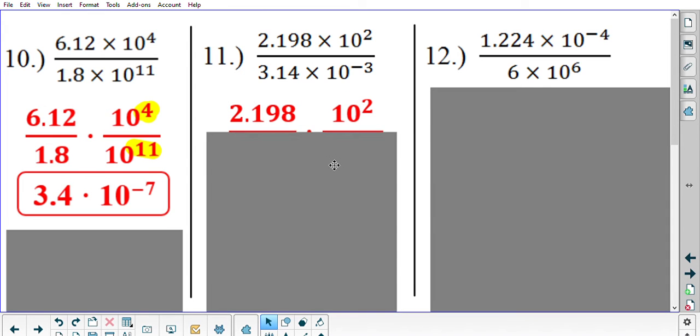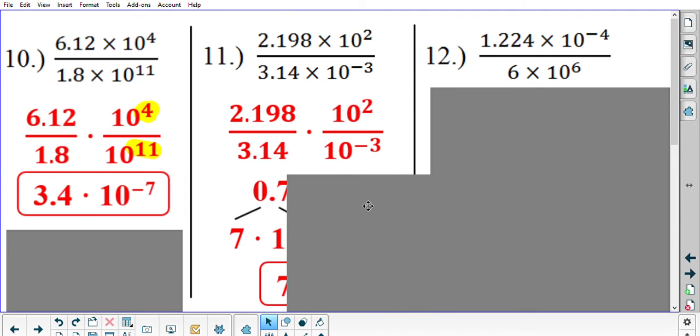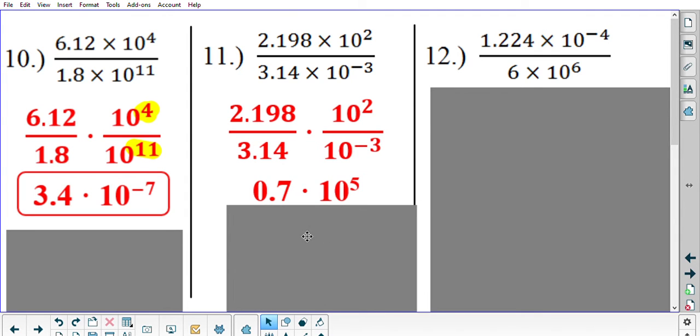Problem number 11. When you do 2.198 divided by 3.14, that is going to give you 0.7. Now, 10 to the 2nd divided by 10 to the negative 3rd. You're going to subtract their exponents, but this is a little bit more interesting. Now, you can already see that I had 10 to the 5th here.